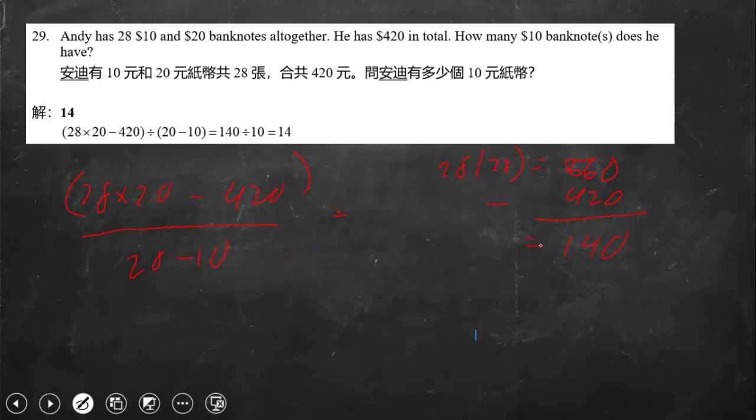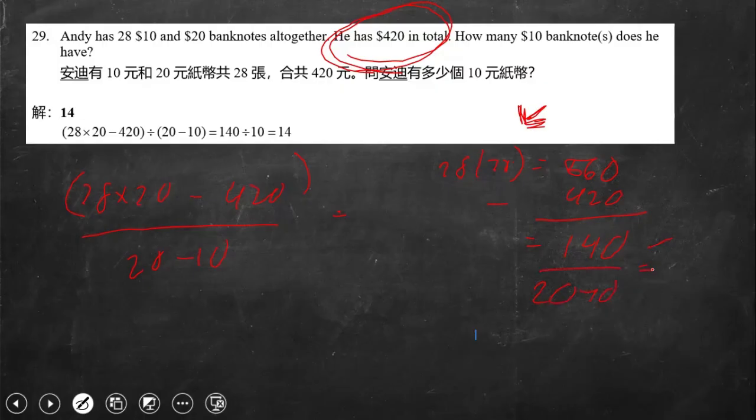Since it exceeds, if we have $20 banknotes, it exceeds the total value by 140. We consider that there are 28 $20 banknotes first. But since it exceeds the total value, we compute by how much and then divide it by the difference between the two banknotes.